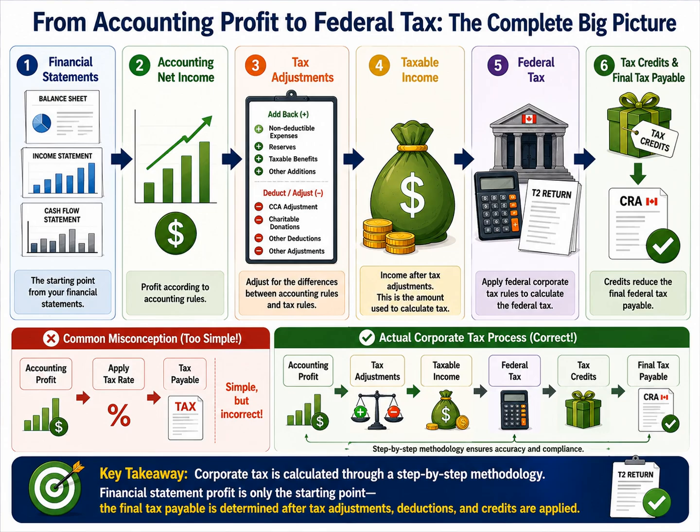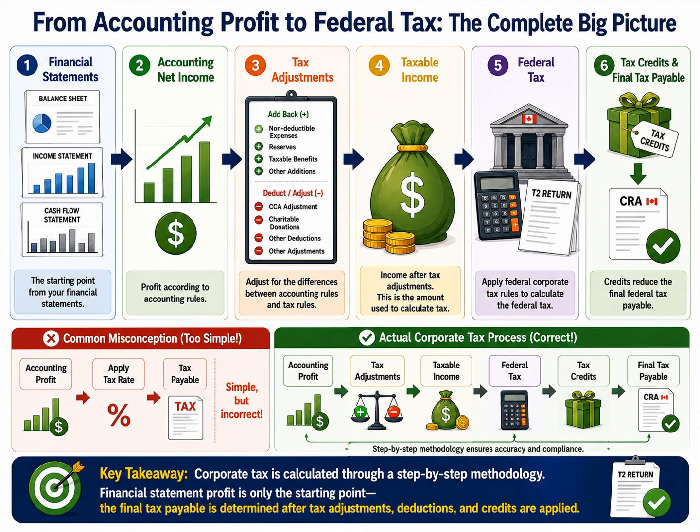The next stage involves tax adjustments. This is where accounting income is modified to comply with the Income Tax Act. Certain expenses that are not deductible for tax purposes are added back, while specific deductions allowed under tax legislation are applied.